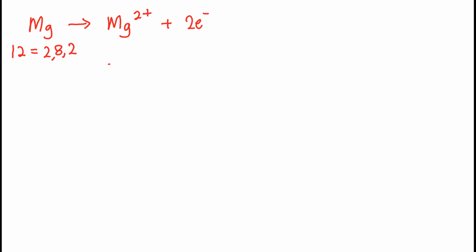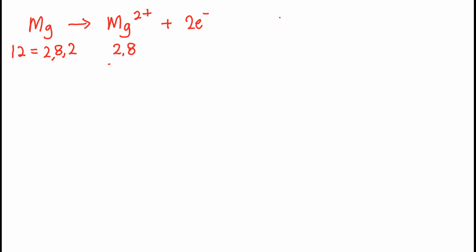Continuing with our example, the magnesium atom loses 2 electrons to become a magnesium 2+ ion. Magnesium originally has electronic structure of 2, 8, 2. When it loses 2 electrons, the electronic structure becomes 2, 8.